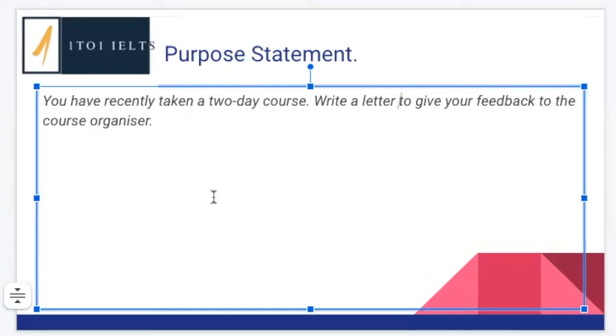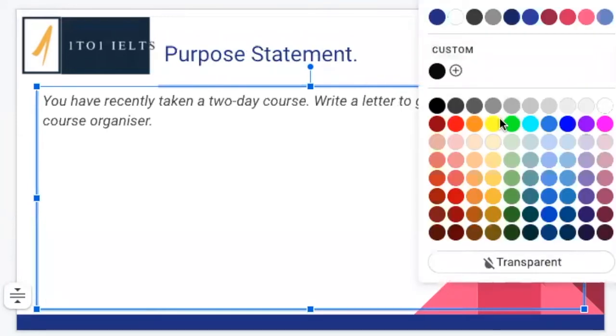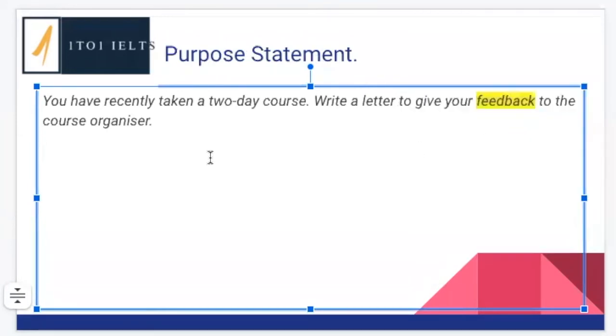What are the key words in here? We quickly analyze this question. Yeah, we want to give feedback. Good. I think we probably want to mention that it was a 2-day course.